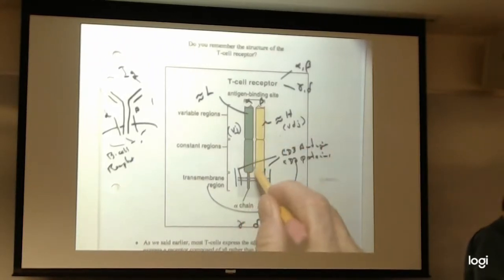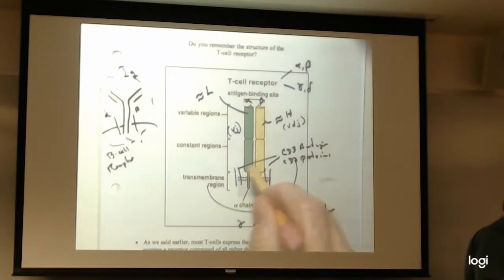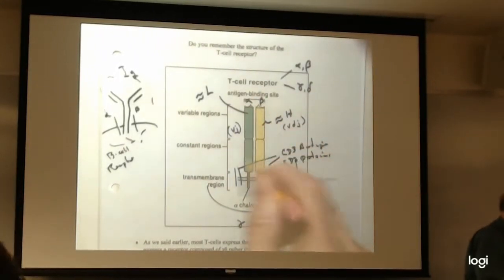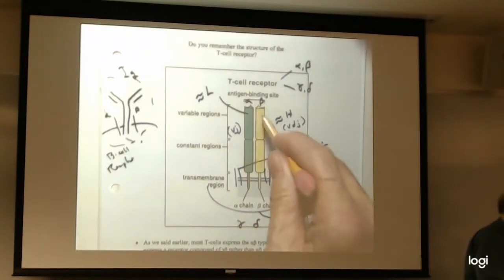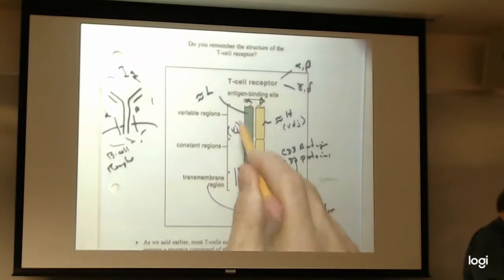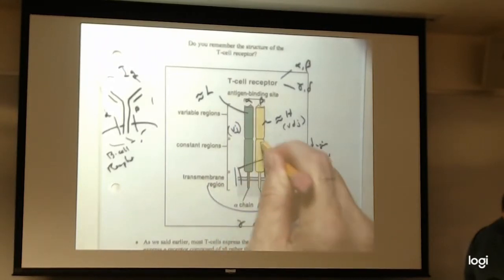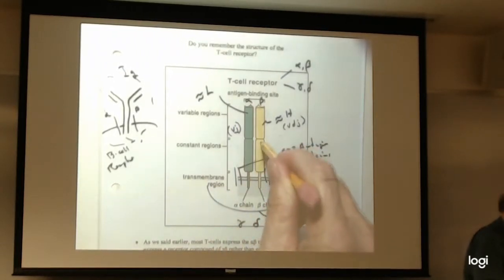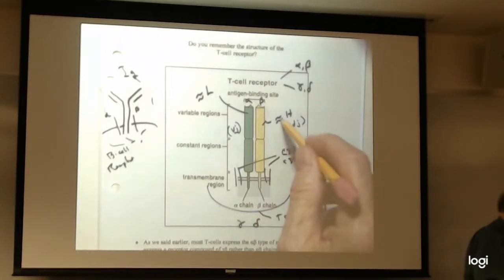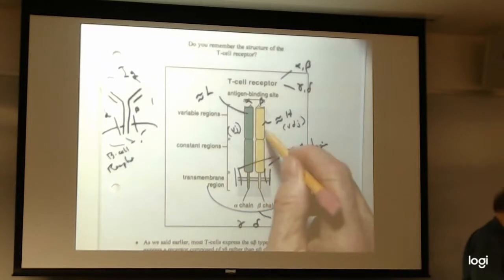These two proteins have amino acid homologies, but remember they're basically more or less equivalent to the heavy chain on the arm of an antibody and the light chain on the arm of an antibody. They're evolutionarily derived. So the beta chain resembles that part of one of the arms of an antibody.